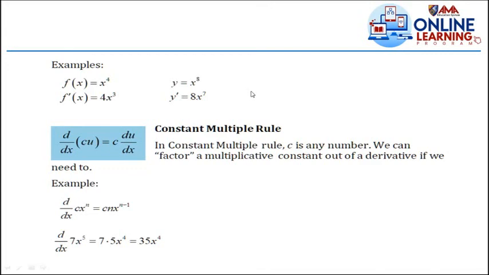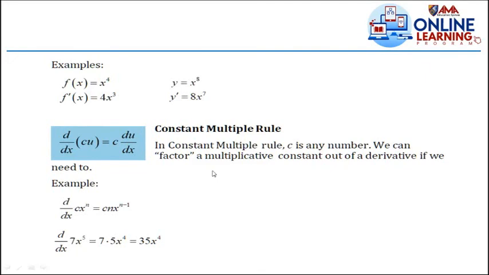Okay? Next, you have your constant multiple rule po siya. The derivative of constant multiplied by u with respect to dx equal to c du all over dx. Okay? So ilalabas natin yung constant. In constant multiple rule, c is any number. We can factor a multiplicative constant out of the derivative if we need to.